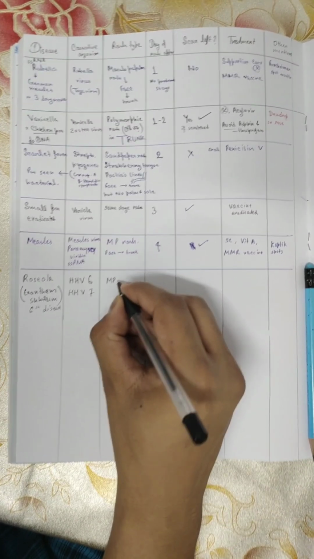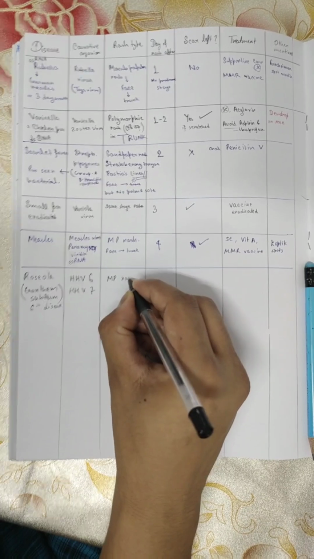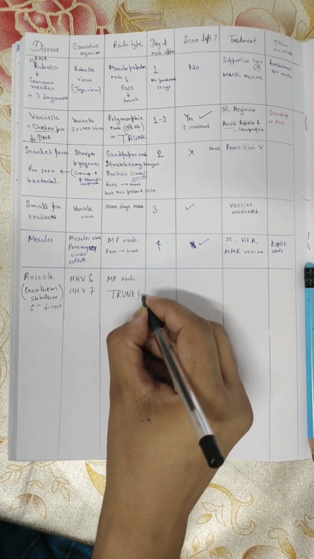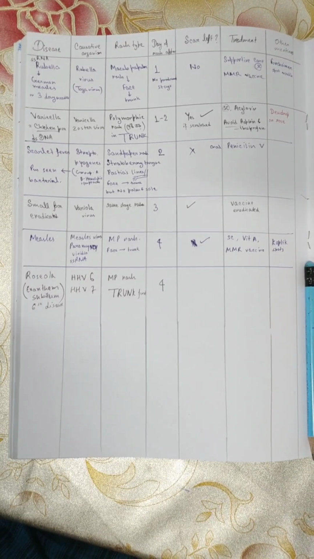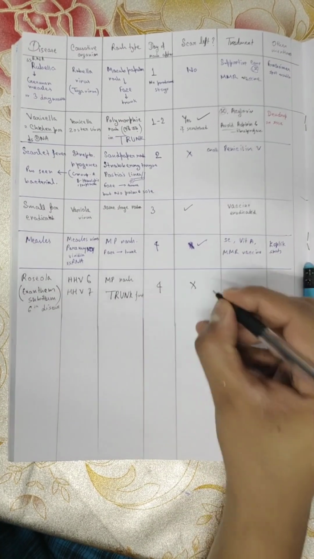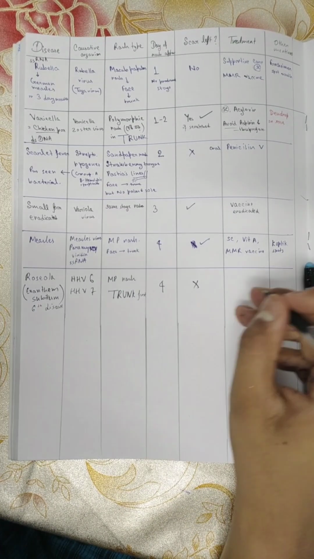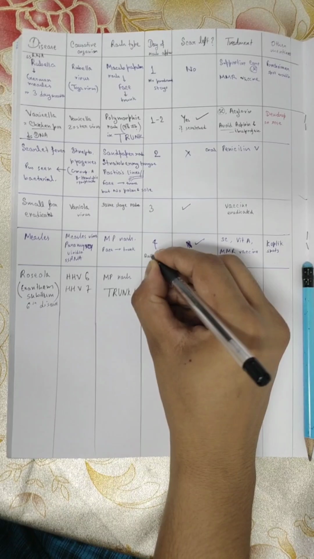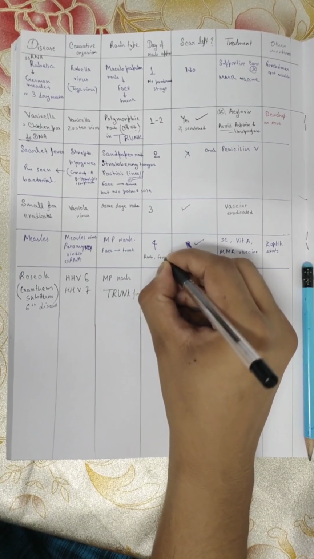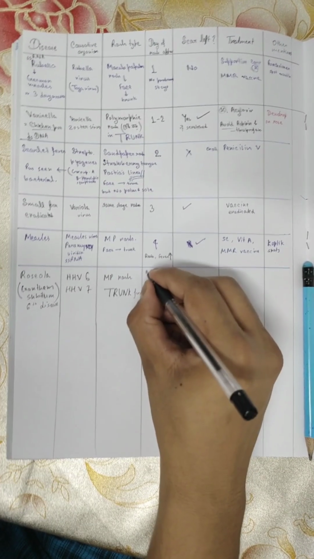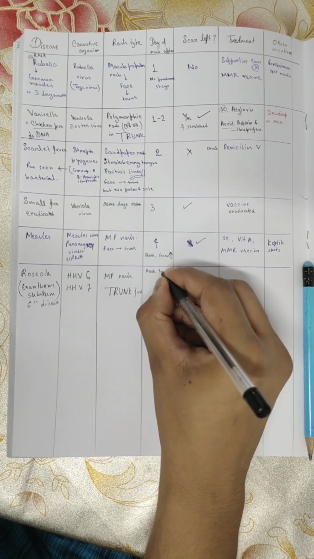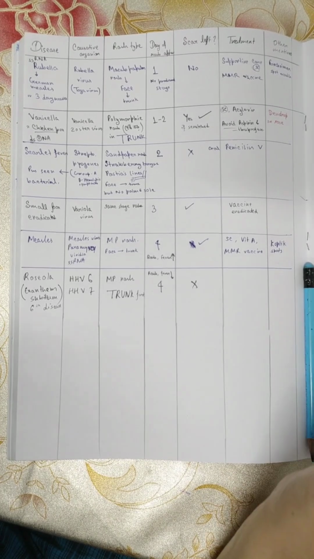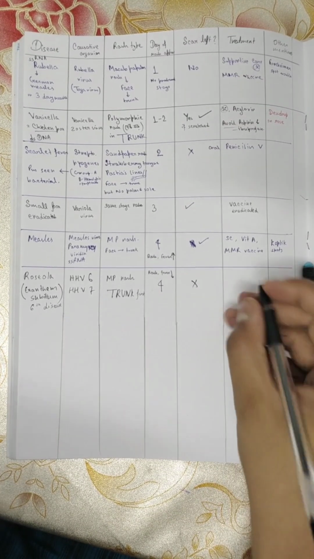We here have the same type of rash, macular rash, but it appears on the trunk first. It appears also on the fourth day, but no pigmentation appears. With rash, fever decreases. Okay, so that's it.